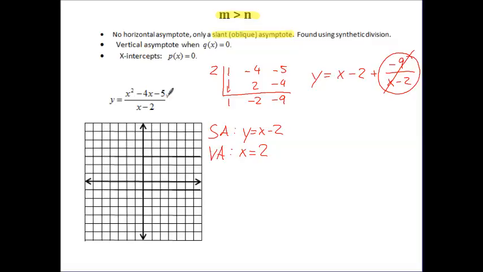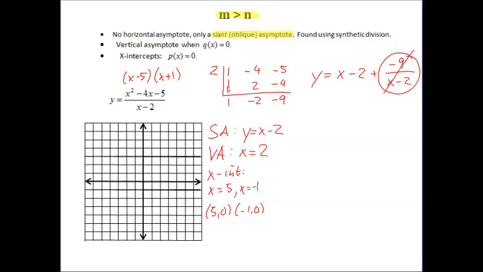And when we do that, we get x minus 5 times x plus 1. So we actually have two x-intercepts, and the x-intercepts are at x is equal to 5 and x is equal to -1. So 5, 0 and -1, 0.